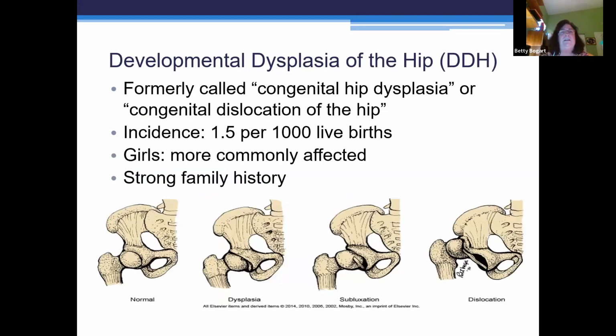Now, I mentioned DDH a couple times. It's called developmental dysplasia of the hip or congenital hip dysplasia. What's one of the things the pediatrician does at one of the first visits to the doctor's office? They're going to be checking their hips, right?